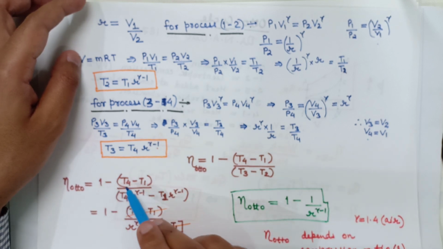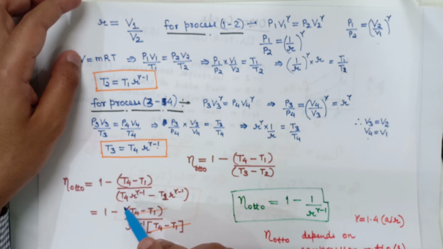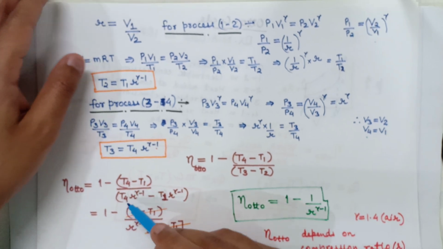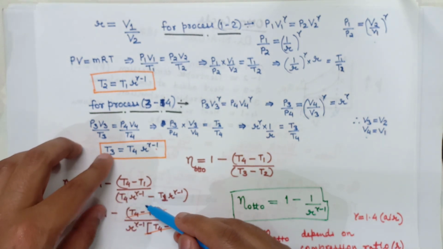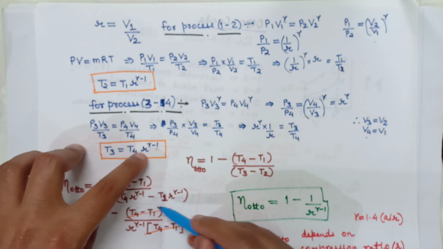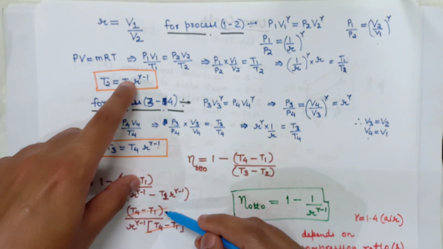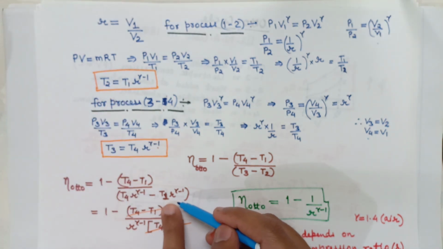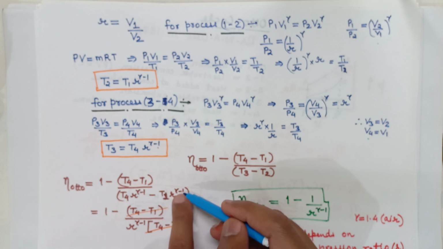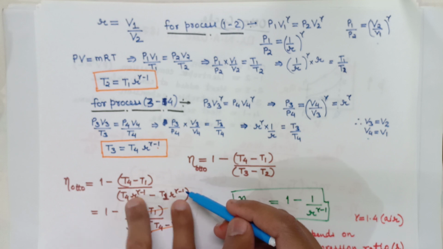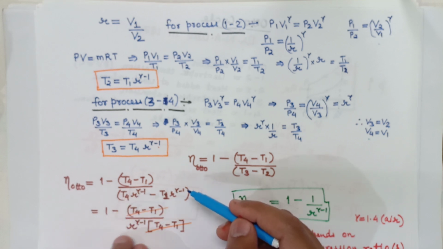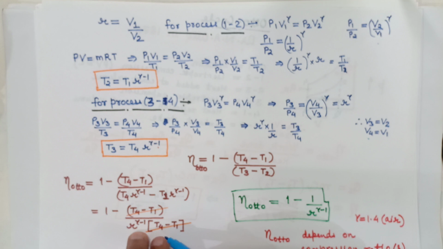Now we will put the values of T2 and T3 in the thermal efficiency formula. Here it is given 1 minus (T4 minus T1) upon (T4 R to the power gamma minus 1 minus T1 R to the power gamma minus 1). Why T4 R to the power gamma minus 1? Because I have replaced T3 with this value and I have replaced T2 with this value, so it becomes T1 R to the power gamma minus 1. Now we can take R to the power gamma minus 1 common from these two values. So we will get T4 minus T1 in the denominator, which will cancel out.